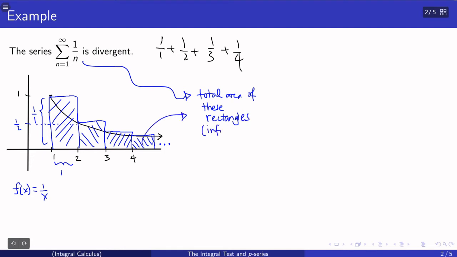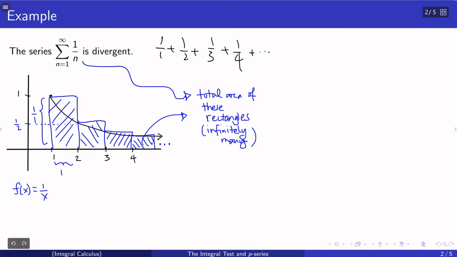And there are infinitely many of them, right? These are just the 4 rectangles corresponding to the first 4 terms of my sum, but the sum goes on forever. So I'm basically adding up all these areas forever using the left endpoint rule.